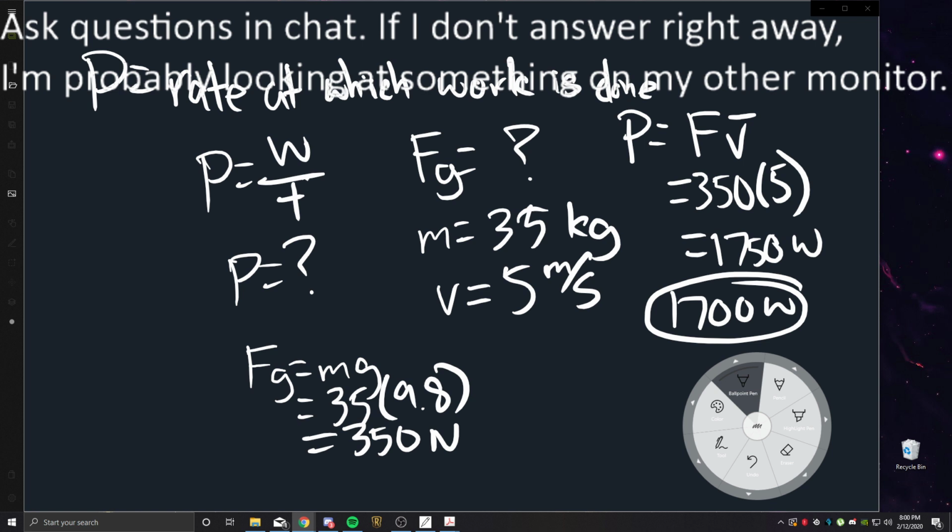And it's using calculus. Yeah, this is it. Okay, so that's the work energy theorem.